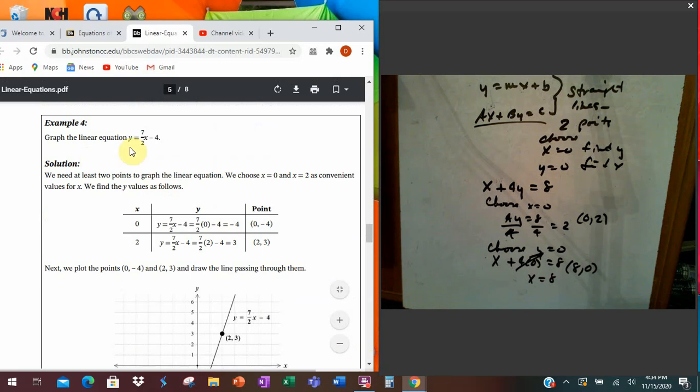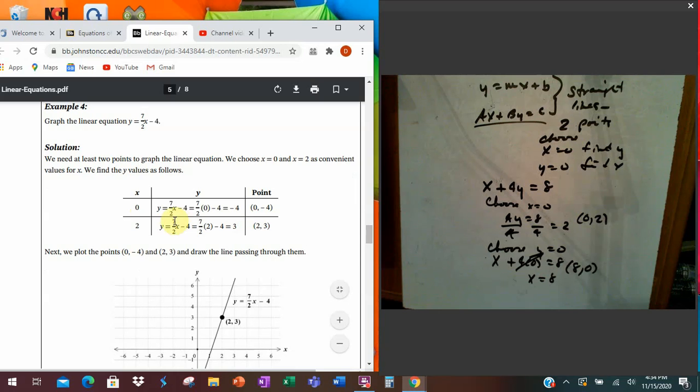Very similar, here's a different form: y is equal to negative 7x minus 4. Here I'm going to choose x equal to 0, and I get the negative 4. Then just any other point. They picked x is equal to 2, and they made that so this was a fraction.